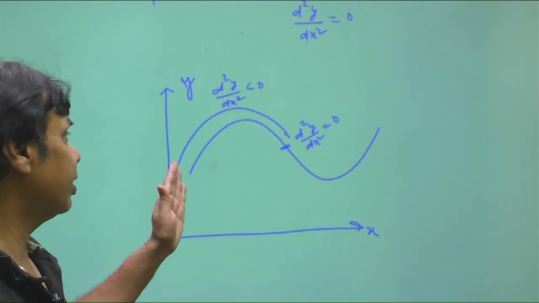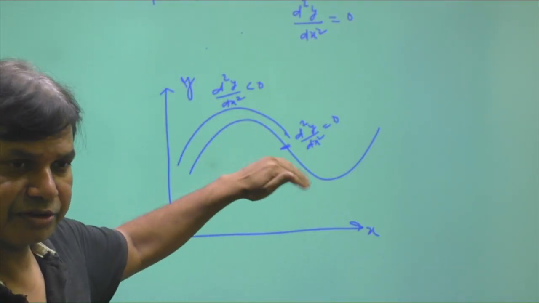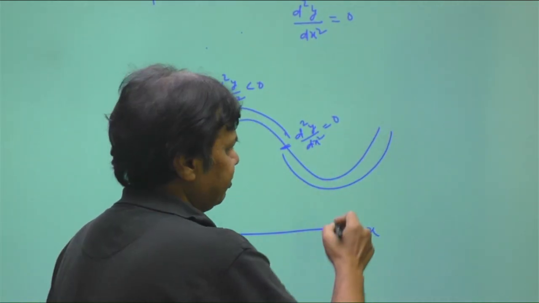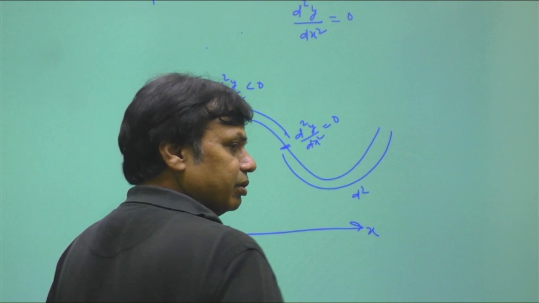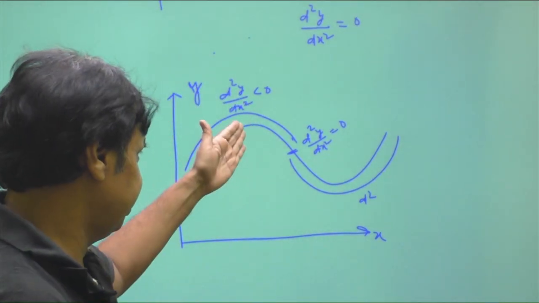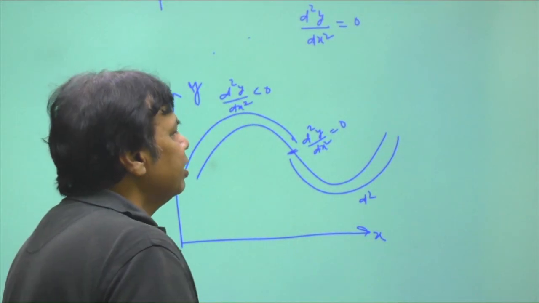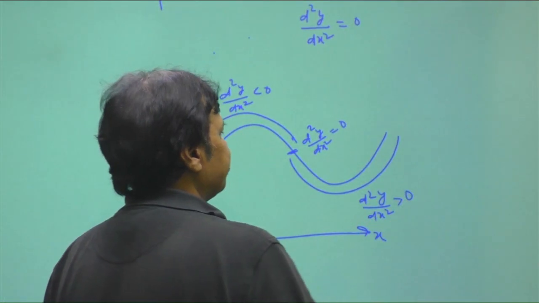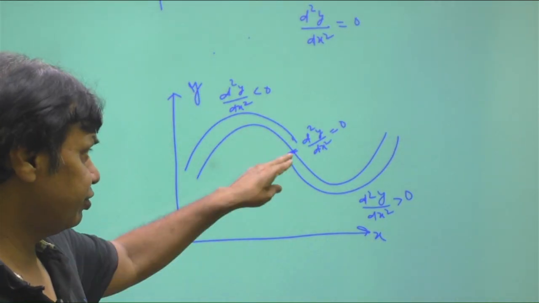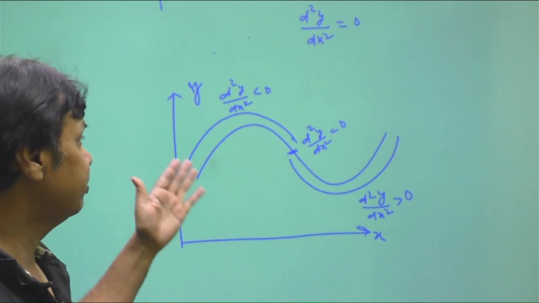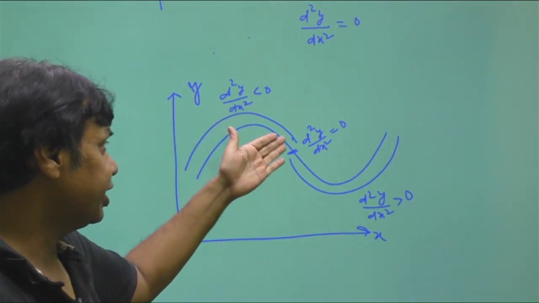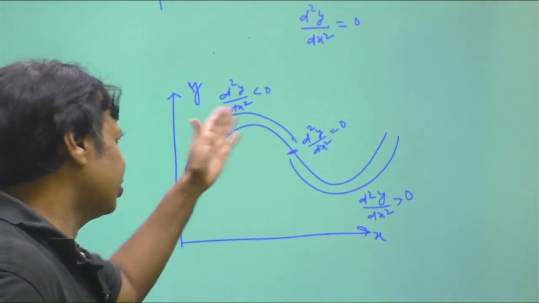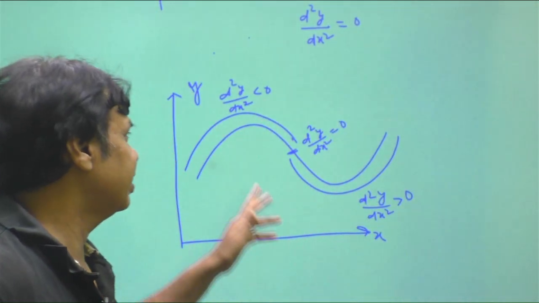Because dy by dx is decreasing continuously in this region, including the point of local maxima. In the other region, including the point of local minima, d2y upon dx square is always positive, because it is 0 at a particular point, so it must be negative on one side and positive on the other.